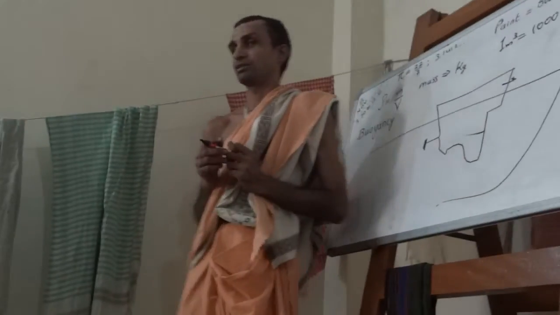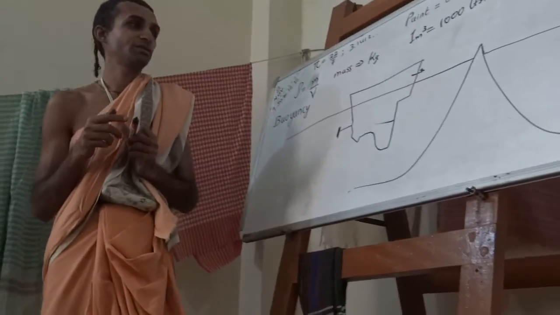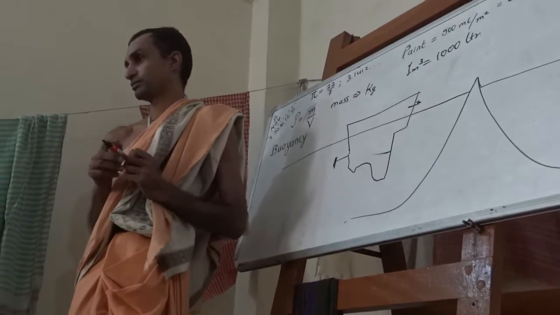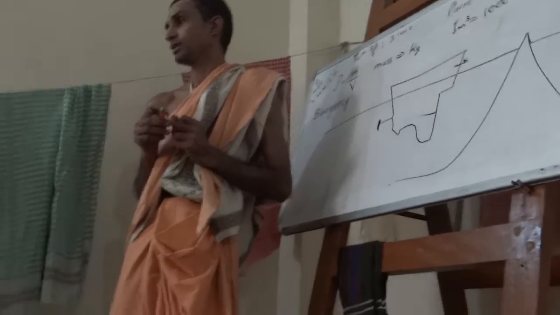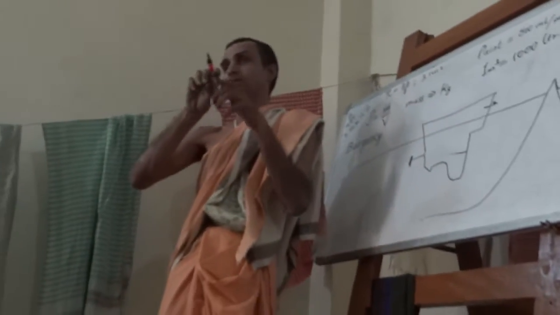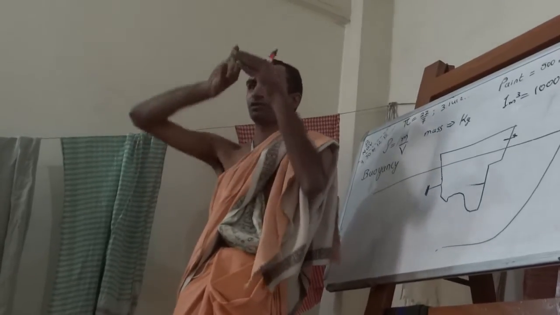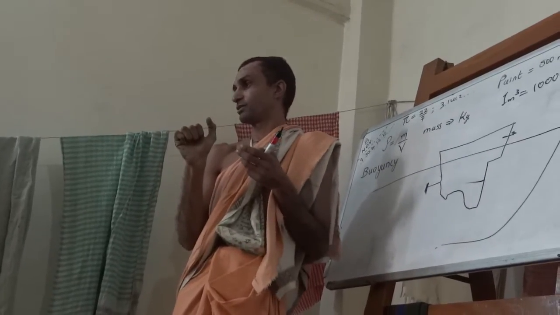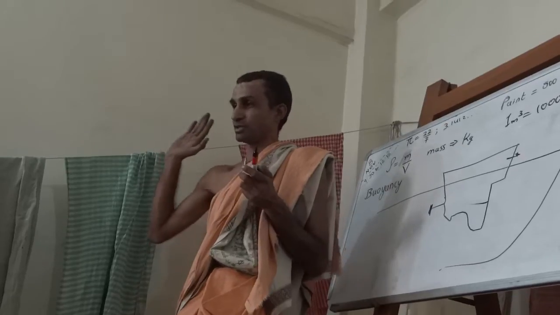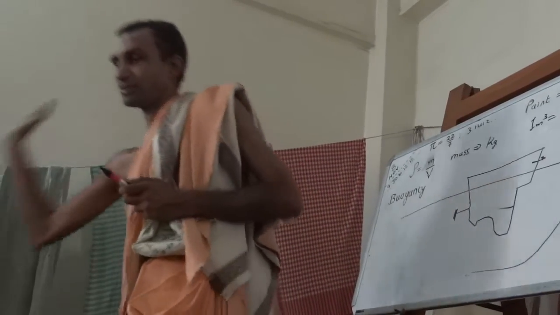It is not brittle, it is malleable. So they made iron in a way that it is very malleable. Even if you put a lot of impact load, it will just bend like this. Impact load means a strong force. This is impact load.